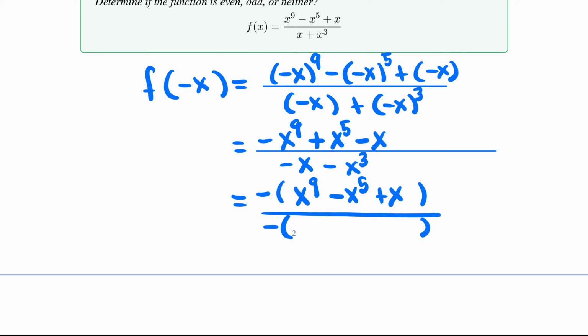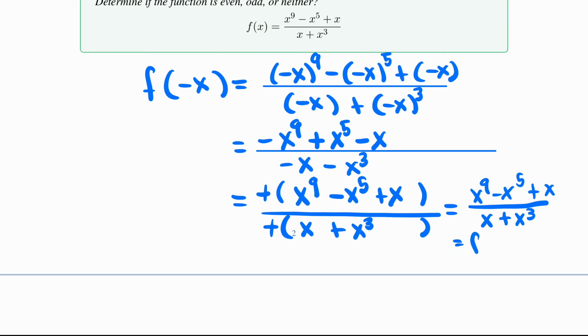And in the bottom, I'm going to have x plus x to the 3. And on the left here, notice I have two negatives, so they're going to cancel out to get a positive. So what am I left with? I'm left with x to the 9 minus x to the 5 plus x all over x plus x to the 3, which is the original function, f of x.